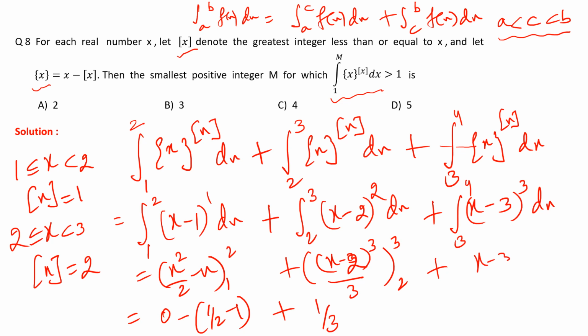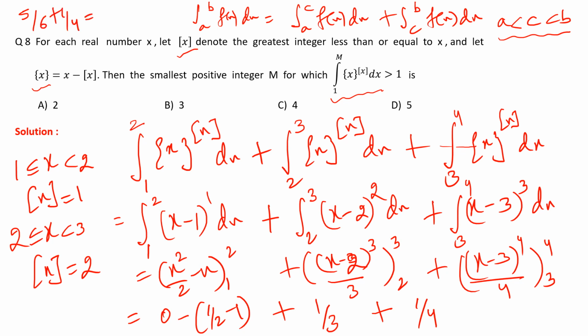So this comes as x minus 3 whole power 4 upon 4 under the limits 3 to 4. When we calculate this value, it comes as 4 minus 3, which is 1 upon 4, minus 0. Now till here, the value comes as half plus 1 by 3, which is 5 by 6, plus 1 by 4. Let's calculate this.